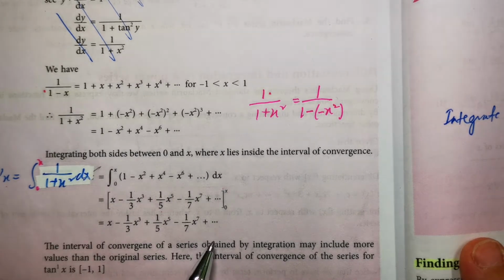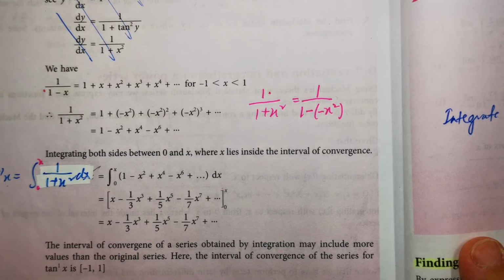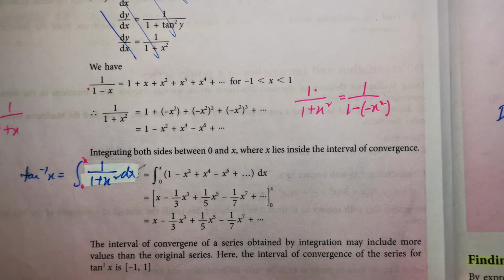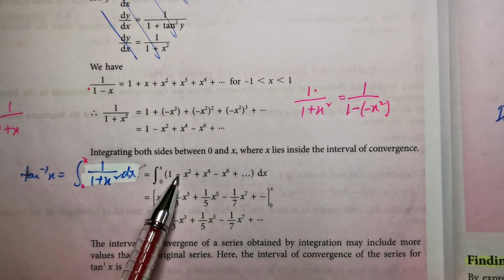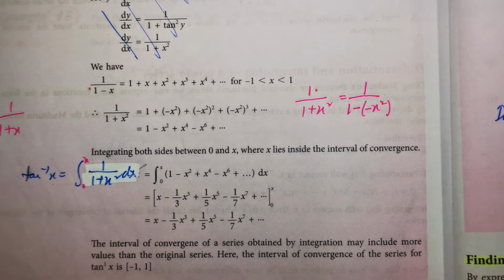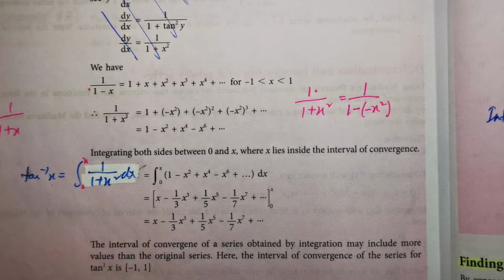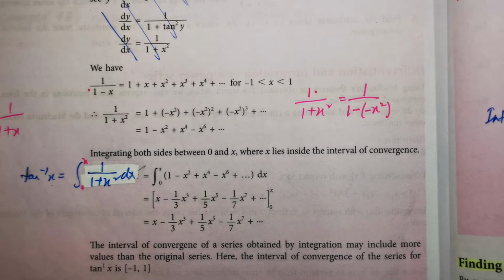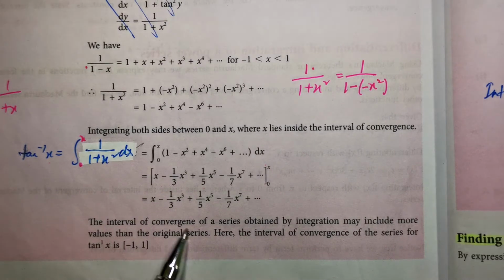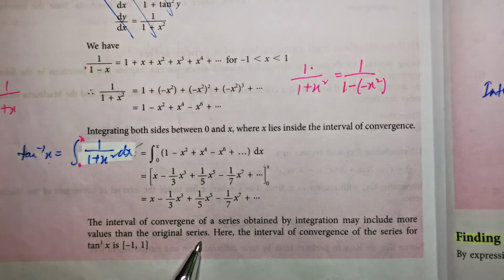So this is an example of how we use integration to find the expansion for a new series, of a new function. We use the concept of integration to find the expansion for another function. And it is stated here that the interval of convergence of the series obtained by integration may include more values than the original series.